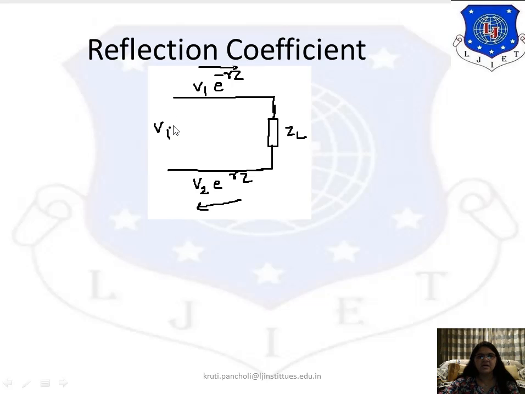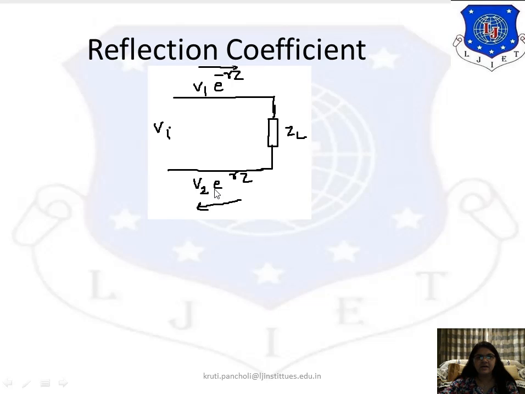This is the incident wave. This is the transmission line, and this is the load impedance that is connected, ZL. The incident wave travels in the Z direction, towards the load, and its value is V1 e raised to minus gamma Z. Z shows the direction and gamma is the propagation constant.